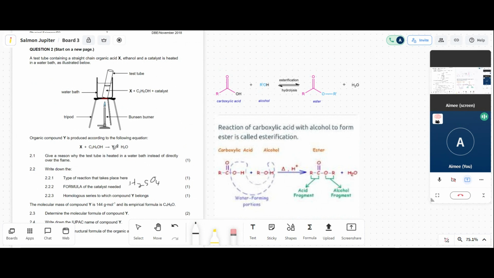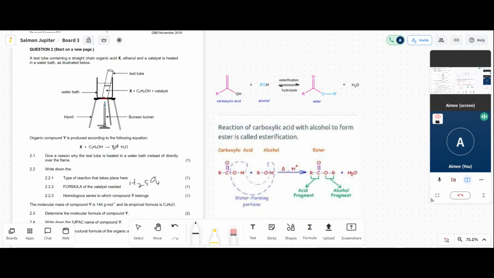You need to remember an empirical formula is the ratios of each of your atoms in their simplest form. So the ratios have been simplified. You don't actually know how many carbons to hydrogens and oxygens you have in the real molecular formula. You just know what the ratio is of each of the atoms.